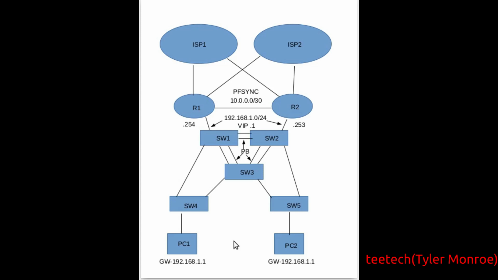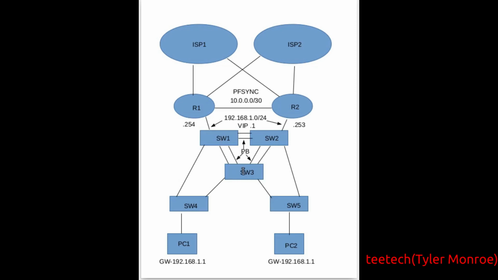Now, we'll touch on two other parts of the redundancy: the switches here. We have a partial mesh network. Switch 4 here connects out to switch 1 and switch 3. And then we have a port bundle over here, so we have something like LACP or PAgP, if it's Cisco, HP, whatever switches you happen to have.